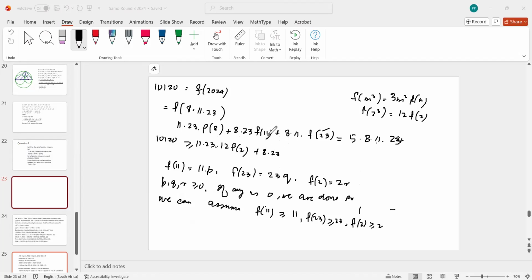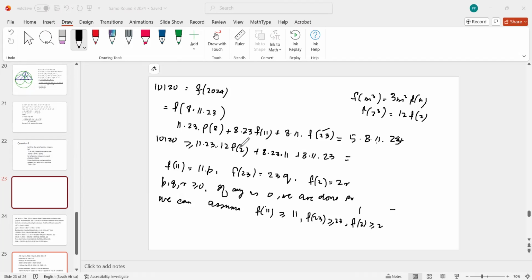And f of 11 is greater or equal to 11. And here you got 8 times 11 greater or equal to 23. Now, if you look at all these, you see 23 times 11 is a common factor here. Oh, I'm sorry.